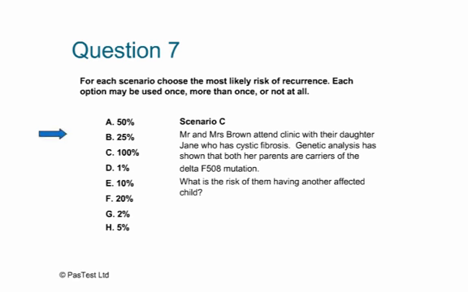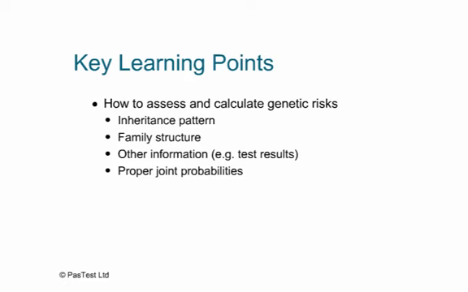Okay, so we've hopefully covered most of the common types of risk calculation questions you'll have in the exam. As I said, you need to have a basic understanding of what probability is and how you handle probability calculations.